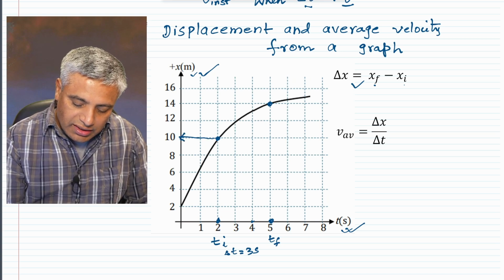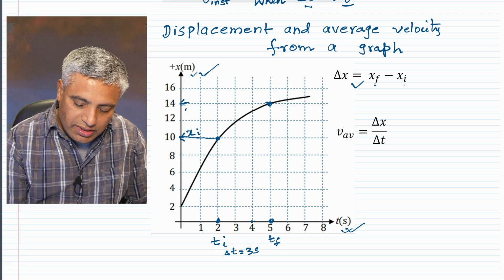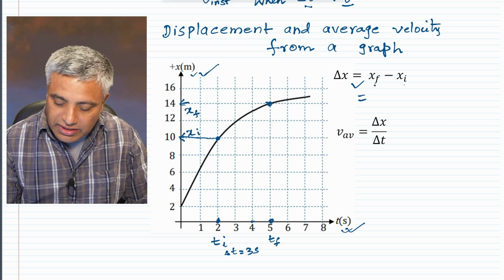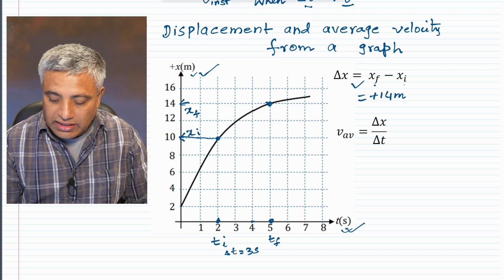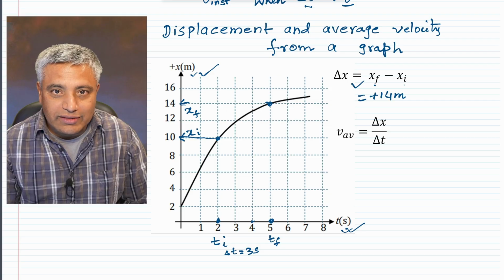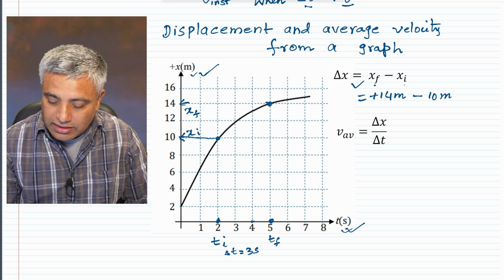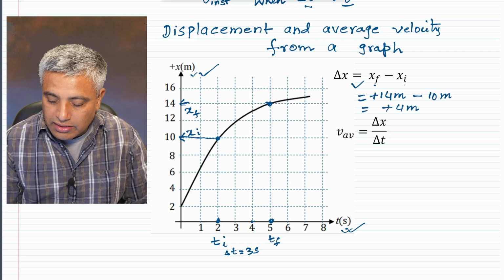So this is going to be the initial position, and this is going to be our final position. It is positive 14 meters, and then the initial position is also positive, but there is a negative sign in the formula of displacement. So what are we going to do? We're going to multiply negative and positive. The result is negative, so that's why it's going to be negative 10 meters. So with that, we get positive 4 meters.